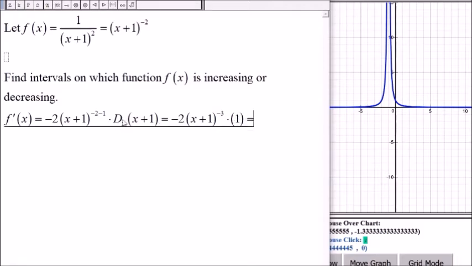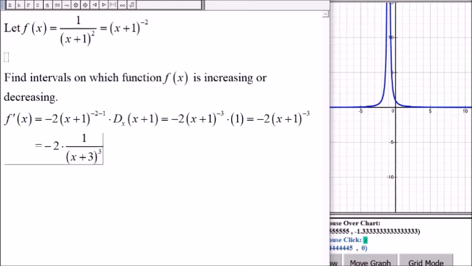And so this just becomes negative 2 times (x plus 1) to the negative 3, which is the same as 1 over (x plus 1) to the third.